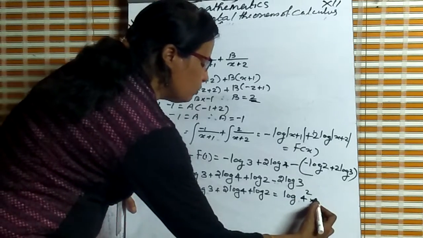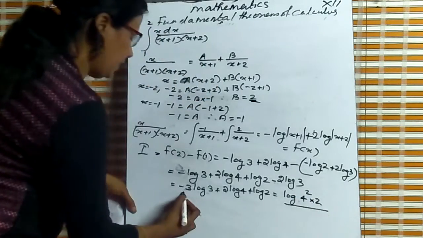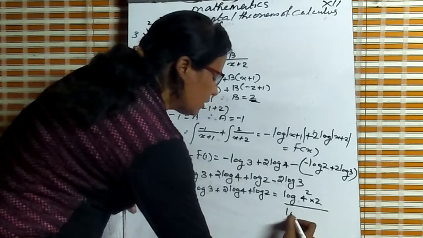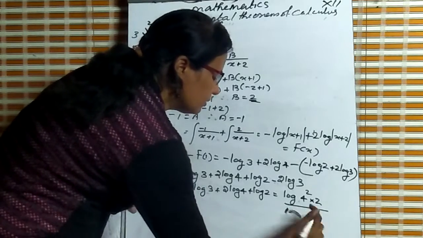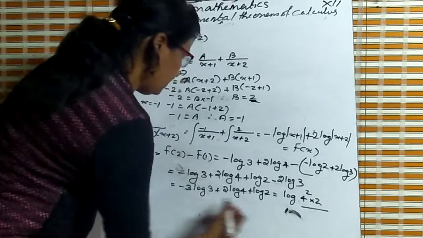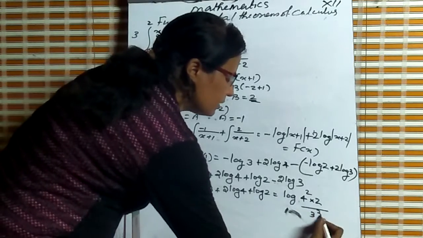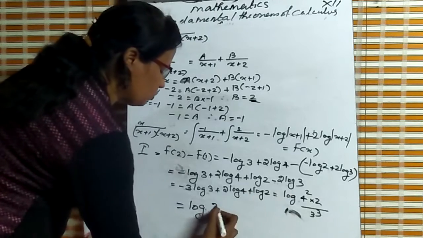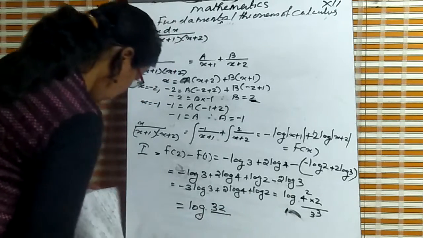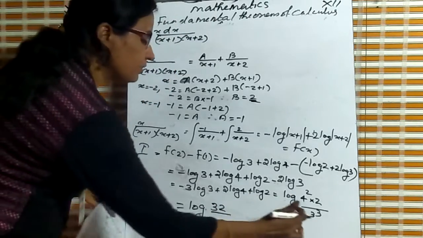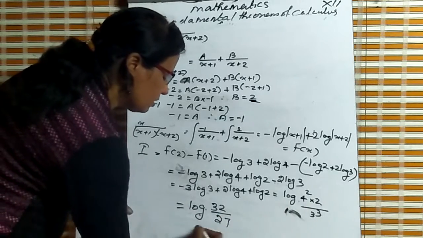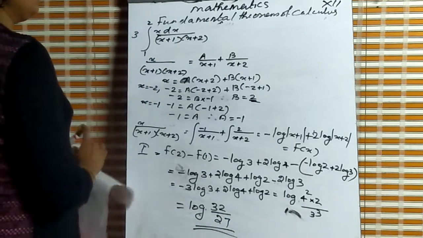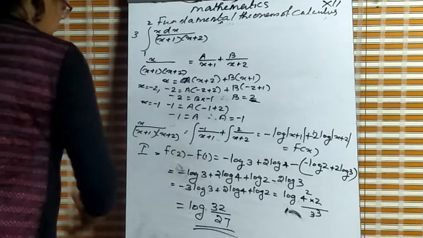Log 2 into 2 by, minus 3 log 3 is log divided by 3 cube, which is equal to log 16 into 2, 32 divided by 3 cube, 27. Log 32 divided by 27.